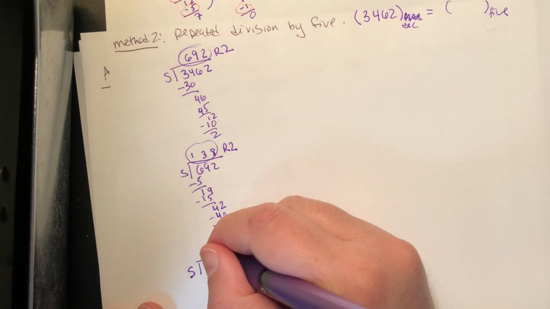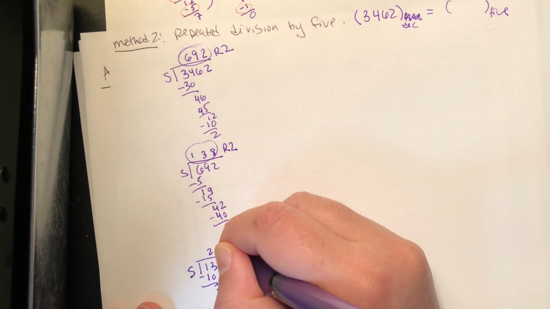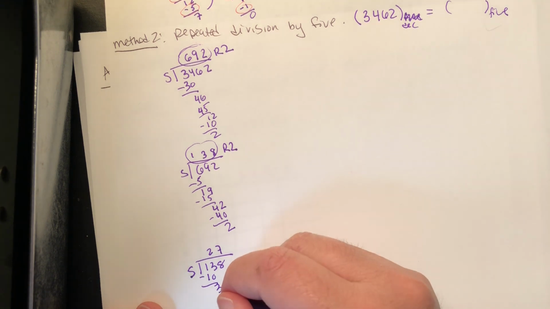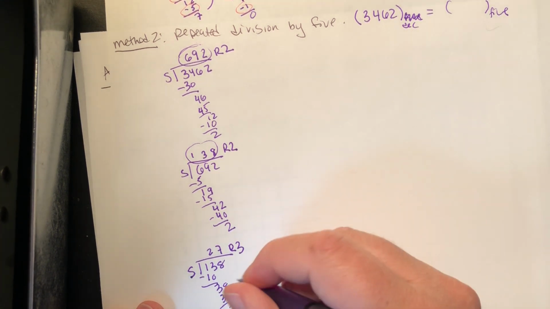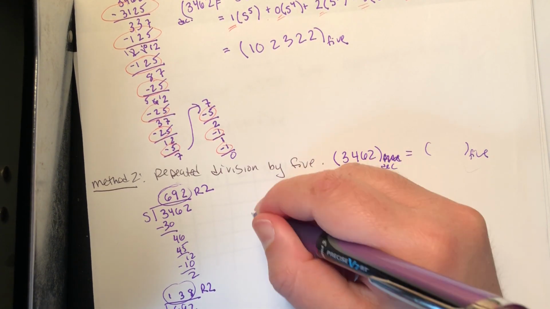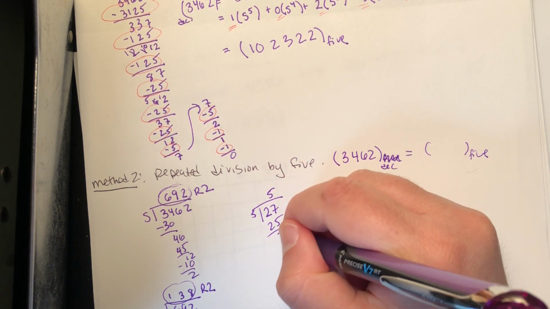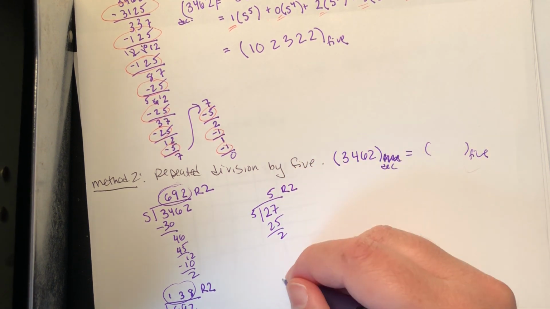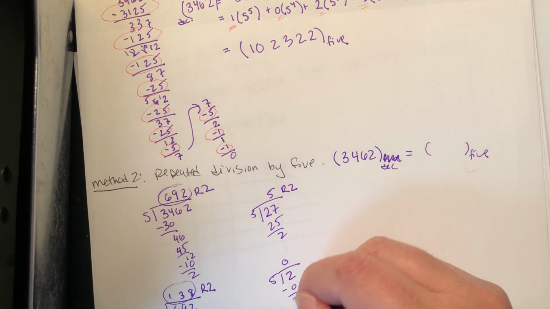Alright, so it goes in twice. 38, it's going to go in 7 times. We get a remainder of 3. Okay, now take our new number. I'm running out of space, so I'll just finish it up here. 27 divided by 5, it goes in 5 times with a remainder of 2. And how many times does 5 go into 2? Well, 0 times with a remainder of 2.